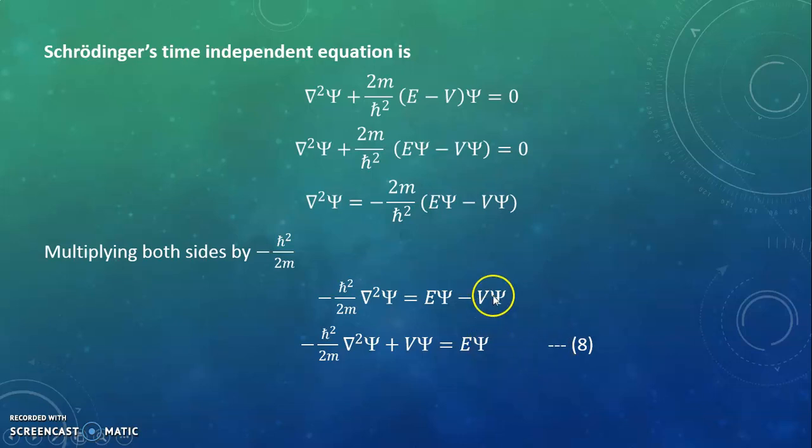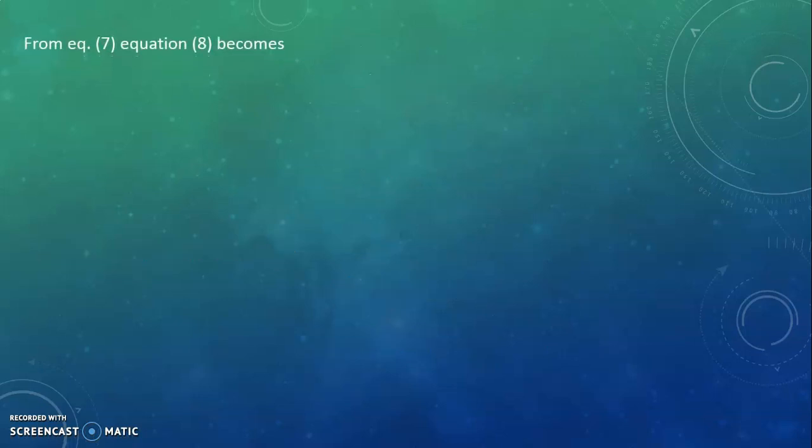So we simplify this: minus Vψ, take to the other side, so this minus becomes plus, and we get minus ħ squared upon 2m del squared ψ plus Vψ is equal to Eψ. Let's call this equation number 8. Now from equation 7, equation 8 becomes minus ħ squared upon 2m del squared ψ plus Vψ is equal to iħ ∂ψ upon ∂t.